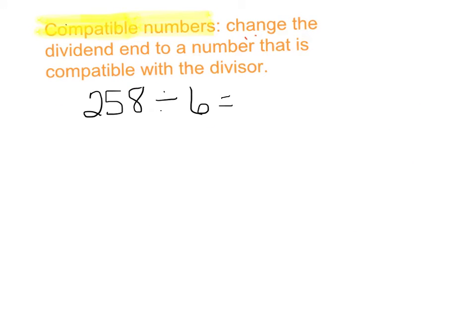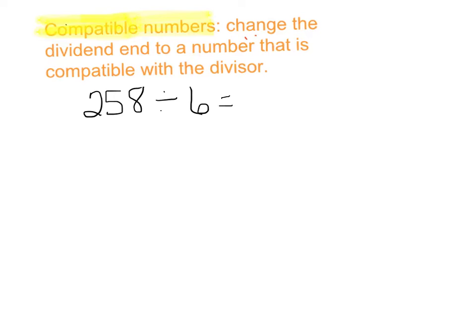Another way to estimate is to find compatible numbers. This is where you change the dividend to a number that is compatible with the divisor, meaning that the divisor is a basic fact of the dividend. I have the same problem that I had earlier, 258 divided by 6, and this time I'm going to find compatible numbers.